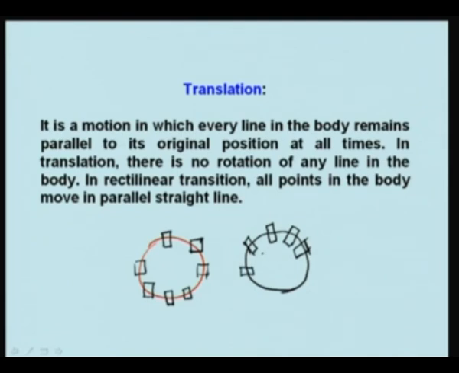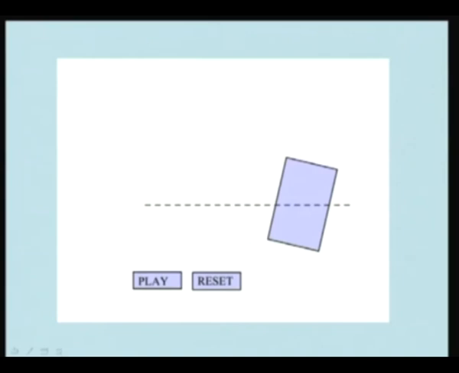So, in rectilinear translation, all points in the body move in parallel straight lines. Now, see this animation here, the body is moving in parallel straight lines. See this again.